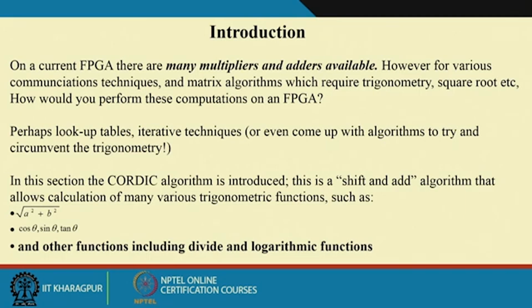So at that time I need processing in matrix form. Then only multipliers and adders will not be sufficient, or it will be costlier whenever we try to implement those functions using only them.